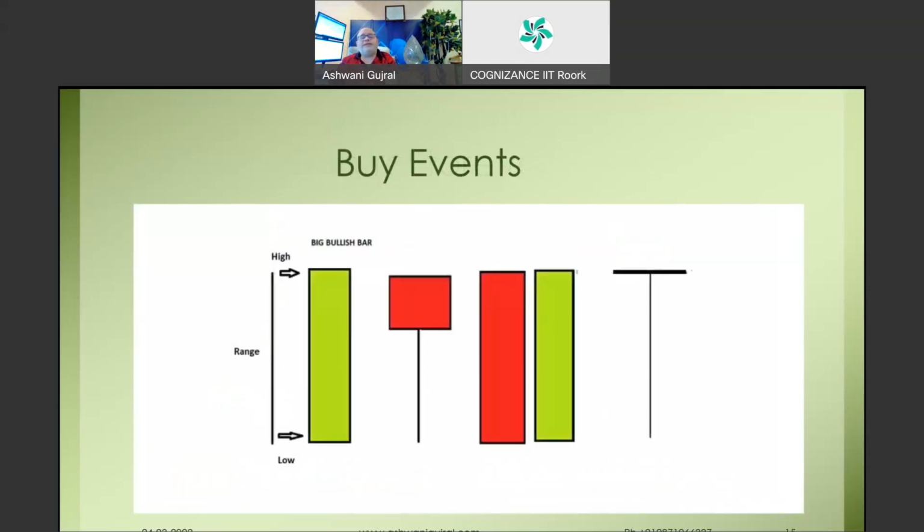Now, let me give you a list of buy events. The first bar here is a strong green bar, which means that the bulls came in at the open and just kept on taking the market higher and closed it at the highest point of the day. This bar should differentiate itself from the last 10 to 15 bars and should stand out.